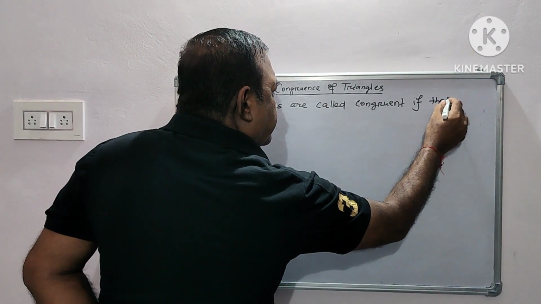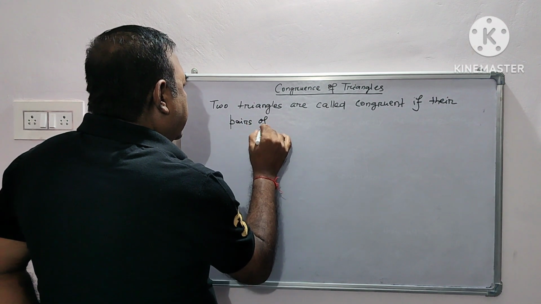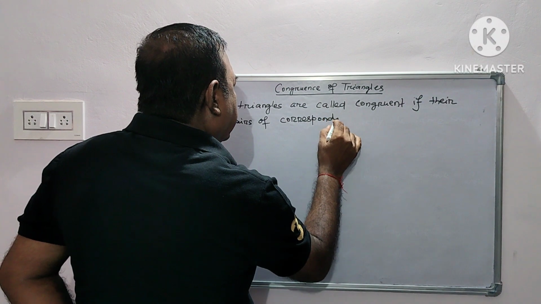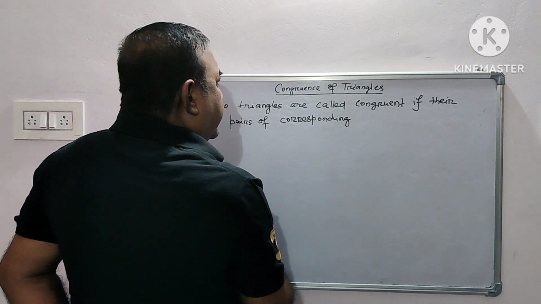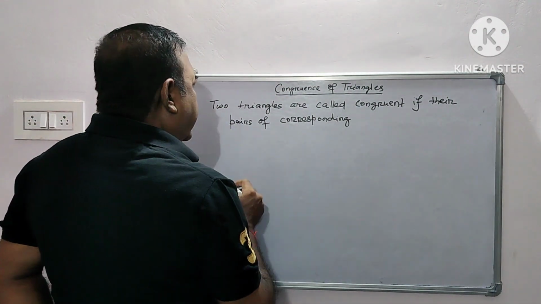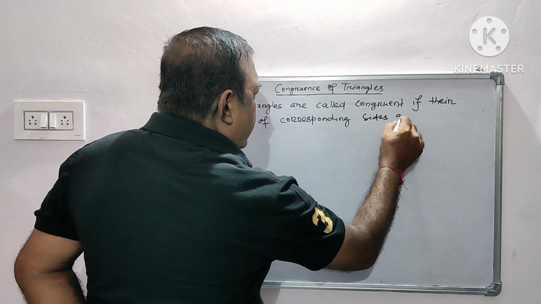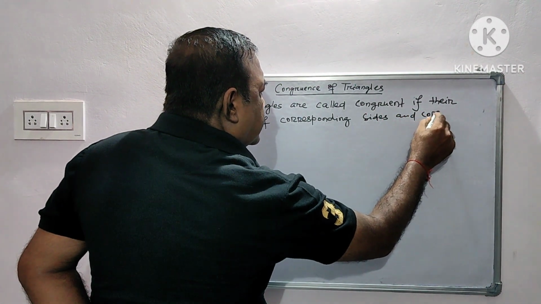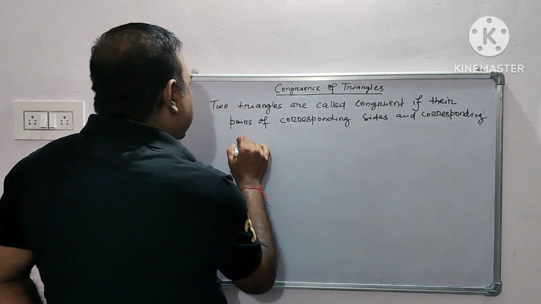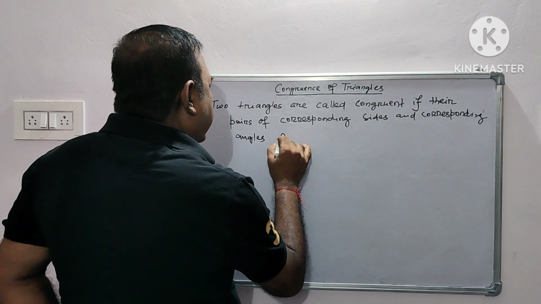Two triangles are called congruent if their pairs of corresponding sides and corresponding angles are equal. It is better to write sides first, then angles are equal.